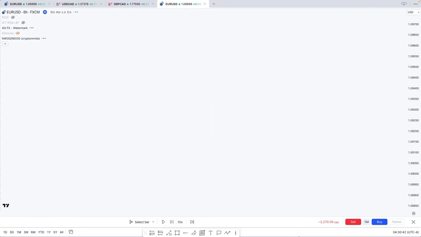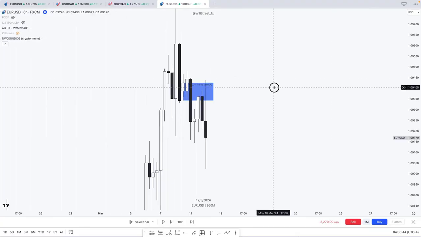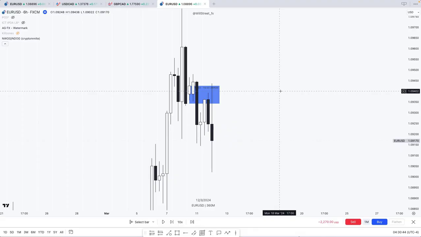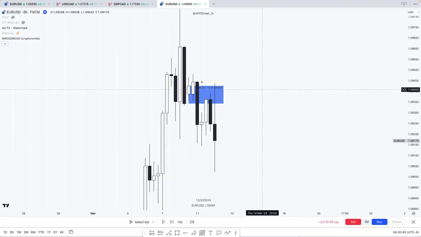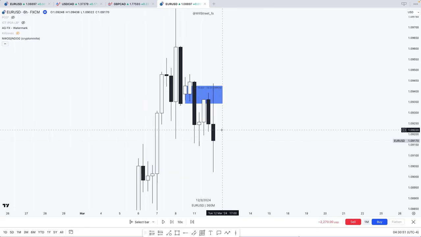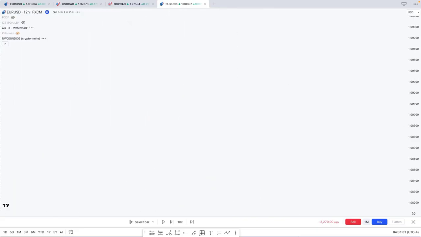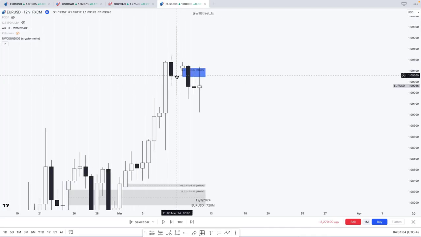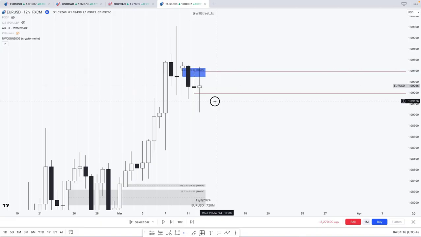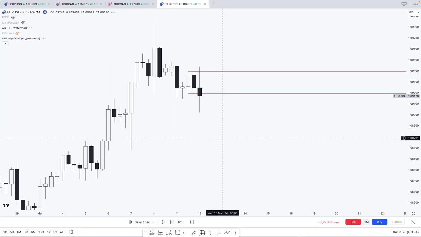Not sure. There is also this one, but exactly, it varies again. So when a new range is created, we will use it as the new one. So this is the bias for the news.